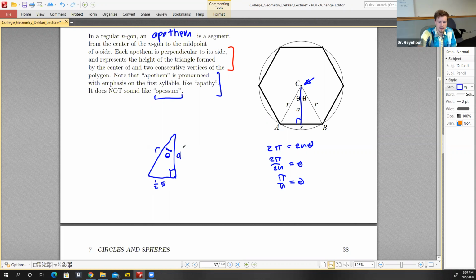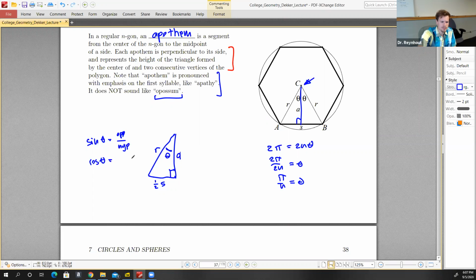So if I want to find an expression for a in terms of r and n, I can do that. Sine of theta would be the opposite over hypotenuse.